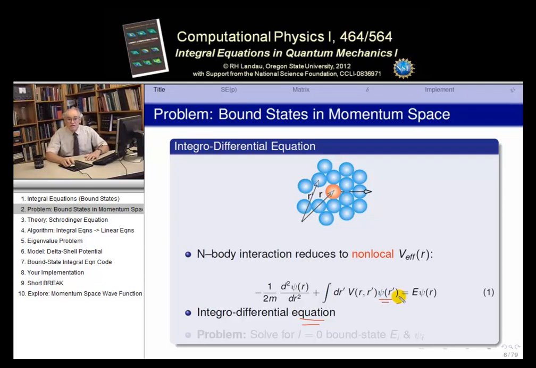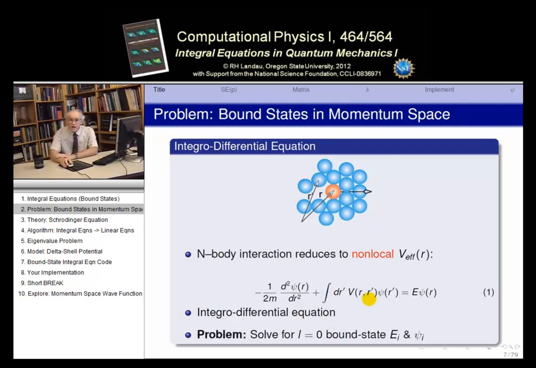It's what we're trying to solve for. So the unknown quantity psi appears on the right-hand side here, appears on the left-hand side as a differential, and it also appears under the integral sign. So we have to integrate over all space, and we have to integrate something we don't know over all space. We have to solve that. That's an equation to solve, okay?